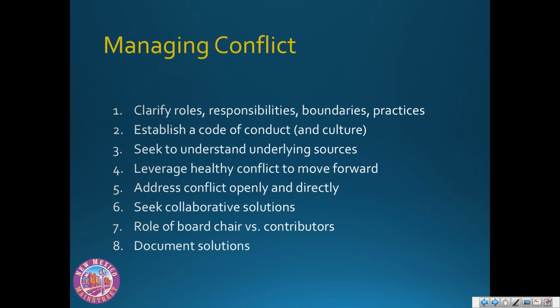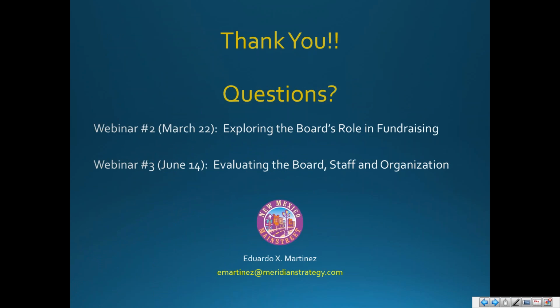And where there are important resolutions to a conflict, it's important to document what was resolved, so that the issue doesn't present itself again three, four, or six months down the road. So document those solutions when managing conflict. That's a starter piece for building your powerful, high functioning boards.